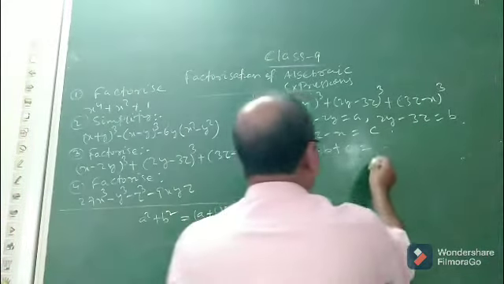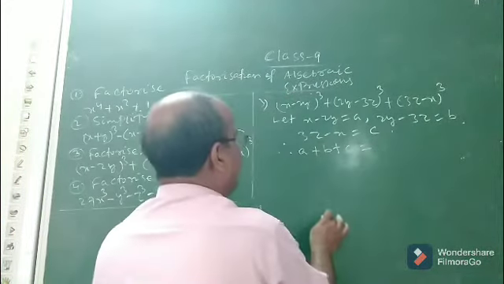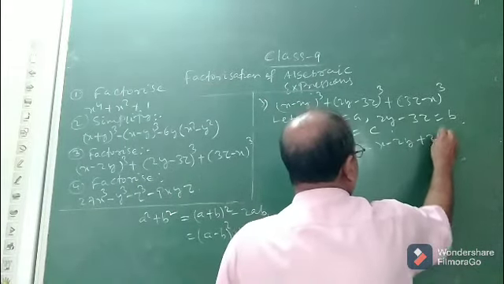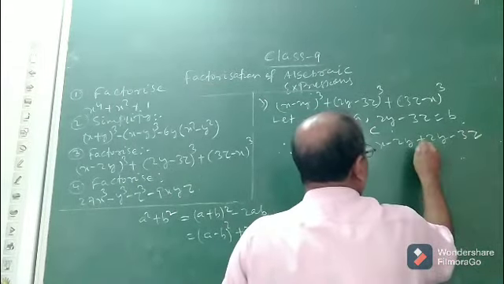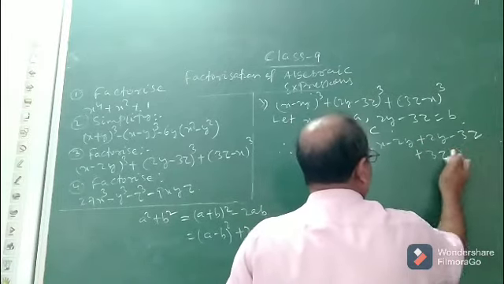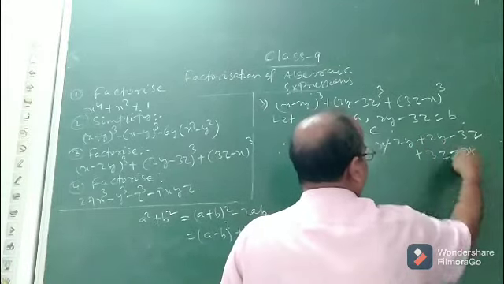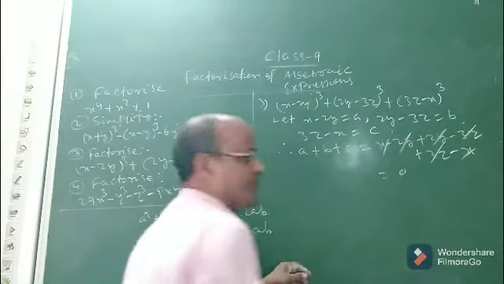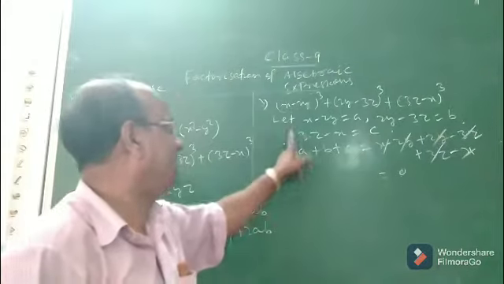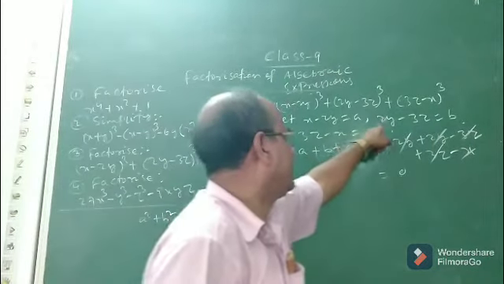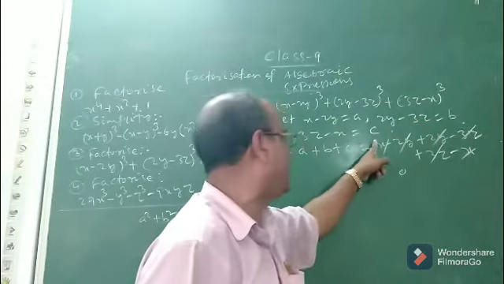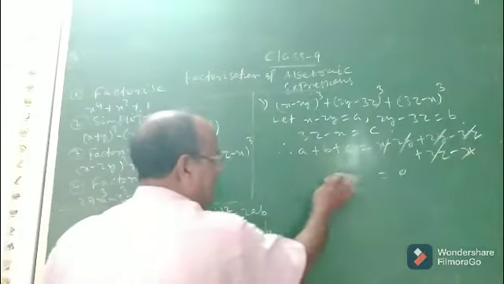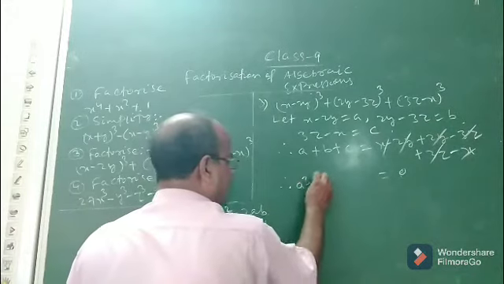So find the value of a plus b plus c. It is x minus 2y plus 2y minus 3z plus 3z minus x. You see, x minus x, 2y plus 2y, minus 3z plus 3z. You see it is 0. So what did you see, children? By taking this expression as a, this as b and this as c, we found that a plus b plus c equal to 0. So definitely, if a plus b plus c equal to 0, then we know the formula.